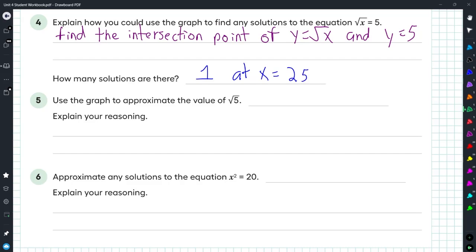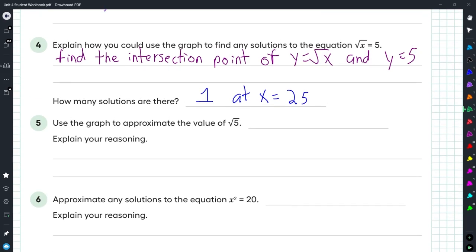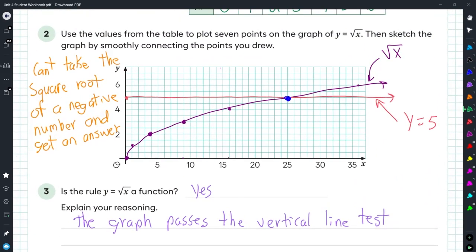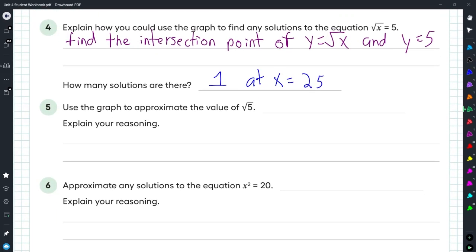Now, use the graph to approximate the value of the square root of 5. So remember, this is the square root of x, so here's 5. If we go up, it touches right there, so it's a little above 2, but below 2.5, so maybe 2.2. About 2.2. Explain your reasoning.